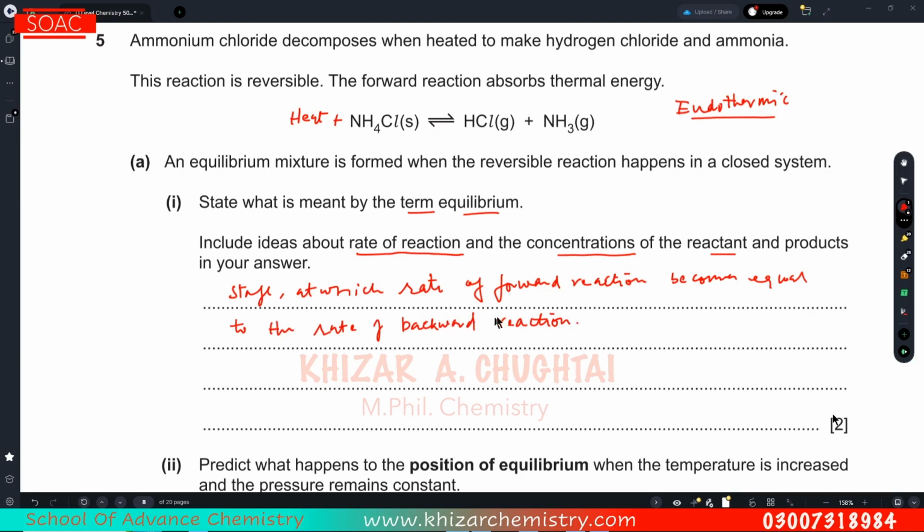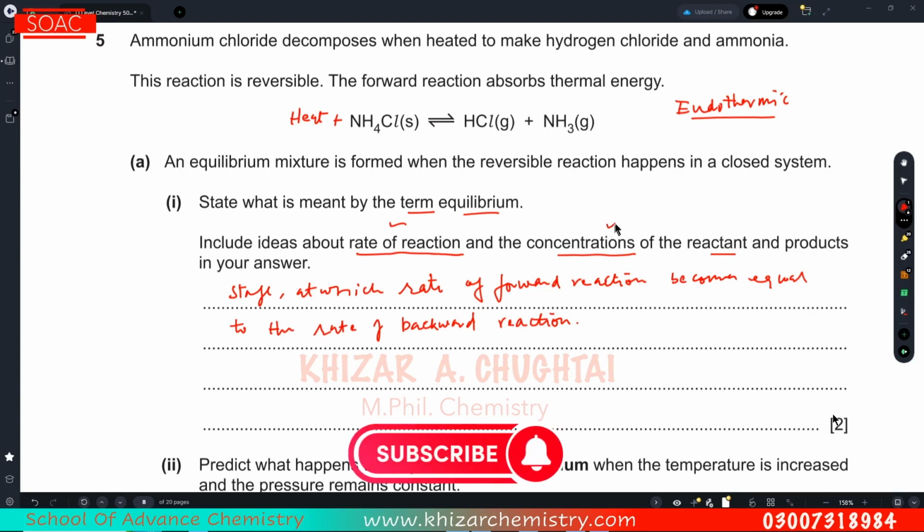So the stage at which the rate of forward reaction becomes equal to the rate of backward reaction, this stage is said to be equilibrium, and sometimes you can call it dynamic equilibrium.